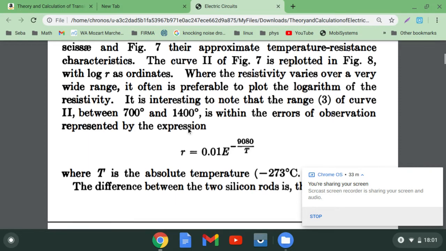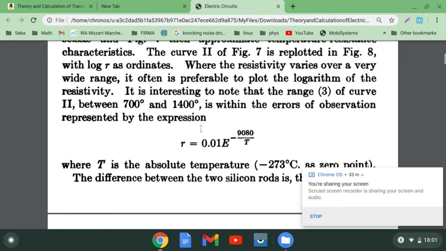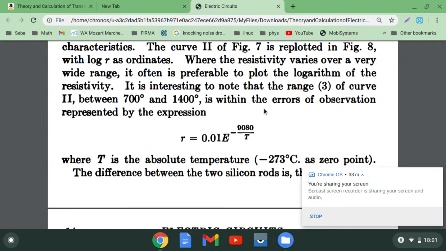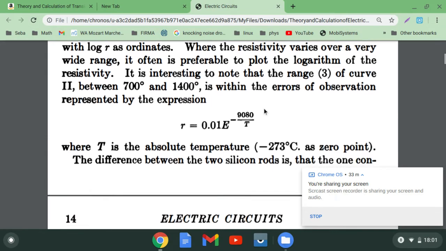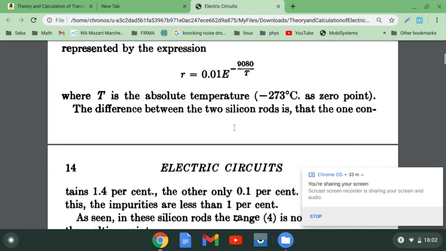It is interesting to note that the range 3 of curve 2 between 700 and 1400 degrees Celsius is within the errors of the observation represented by the expression R equals 0.01 e to the minus 9080 over T, where T is the absolute temperature minus 273 degrees Celsius as zero point.